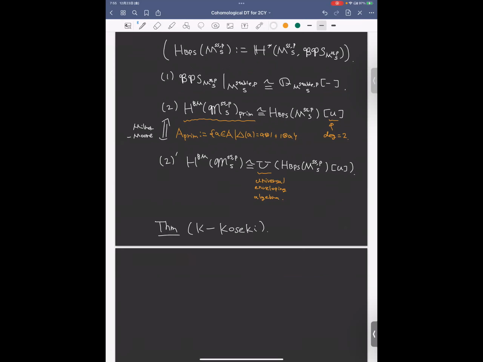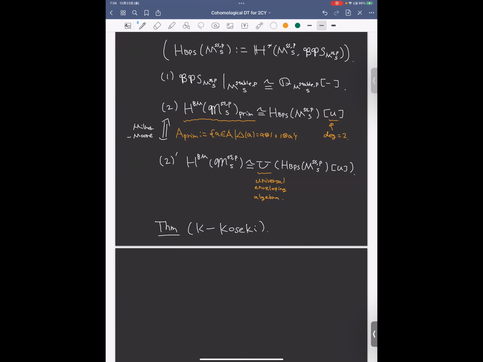When S is the total space of the canonical bundle on a Riemann surface, the moduli stack of compactly supported coherent sheaves on the Calabi-Yau surface is isomorphic to the moduli stack of Higgs bundles on the original curve. So we can consider the BPS cohomology on the moduli space of Higgs bundles.